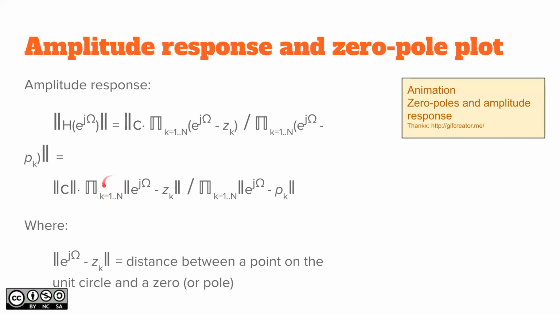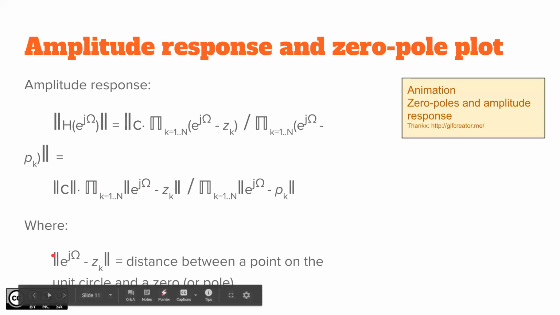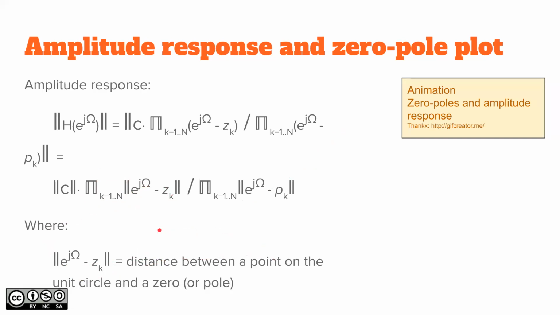That capital pi here is the product, marking the product again. And here we have the e to j omega minus zk, which is the distance between a point on the unit circle and a zero, or in this case a pole.